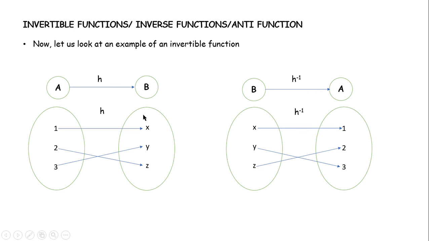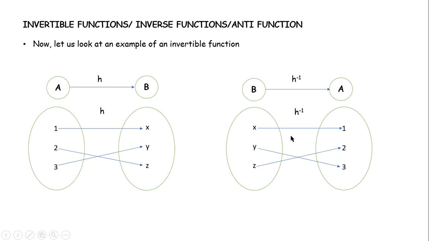So it is an onto function also. So that means each element from set A is assigned a unique image, so it is a one-to-one function, and none of the elements of set B have been left out, hence it is an onto function. So it is both onto and one-to-one. So according to this definition, the inverse of h must exist, or h must be an invertible function.